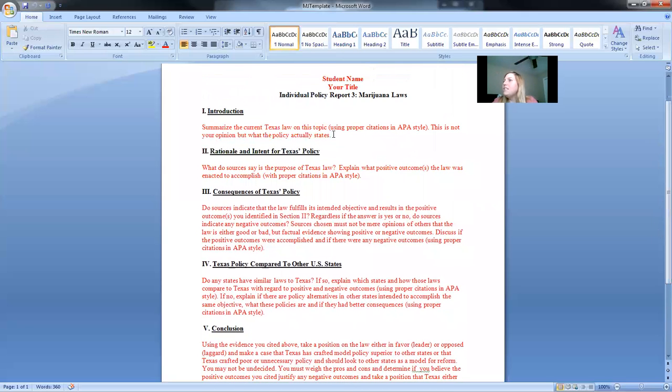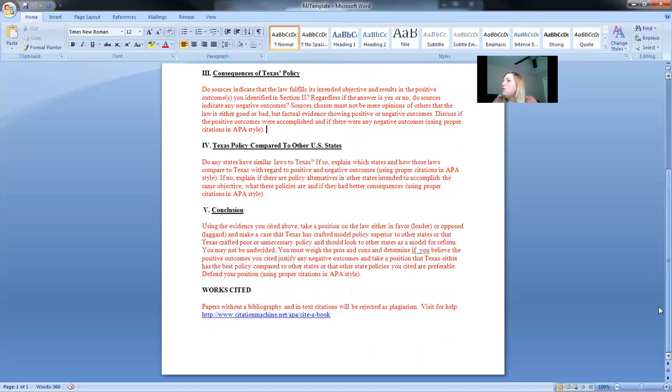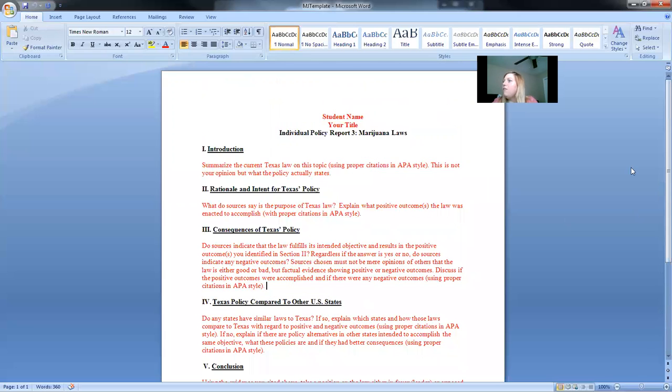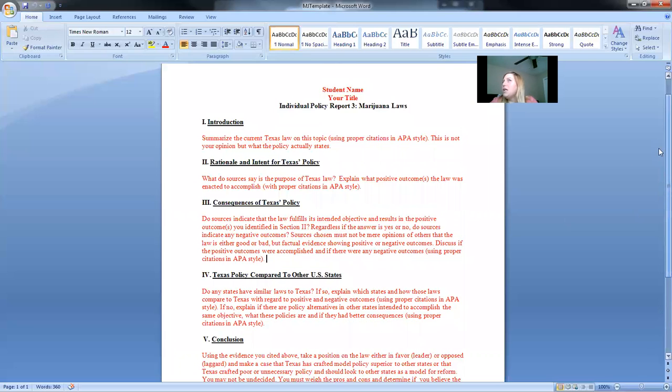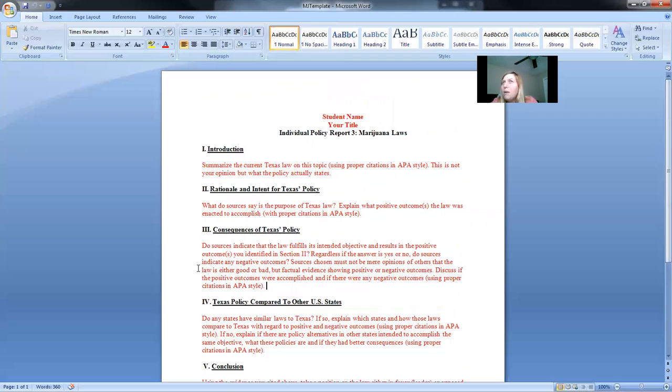If you do not have a citation in every section, you should have actually more than one in some sections. You should have at least a positive and a negative here. And if those citations do not match your works cited, that will fail you. If your plagiarism exceeds 20%, not including the bibliography, so I don't count your citations against you, or the template, because of course the template's going to be identical for every student.